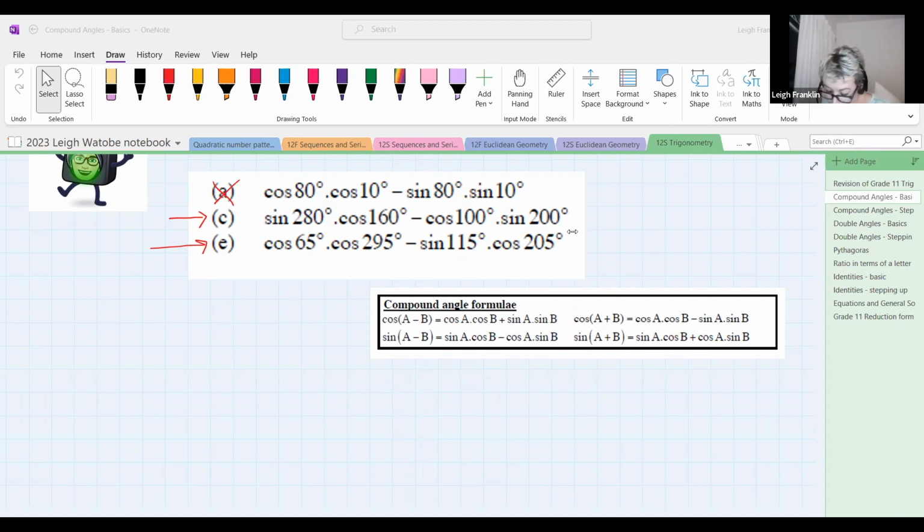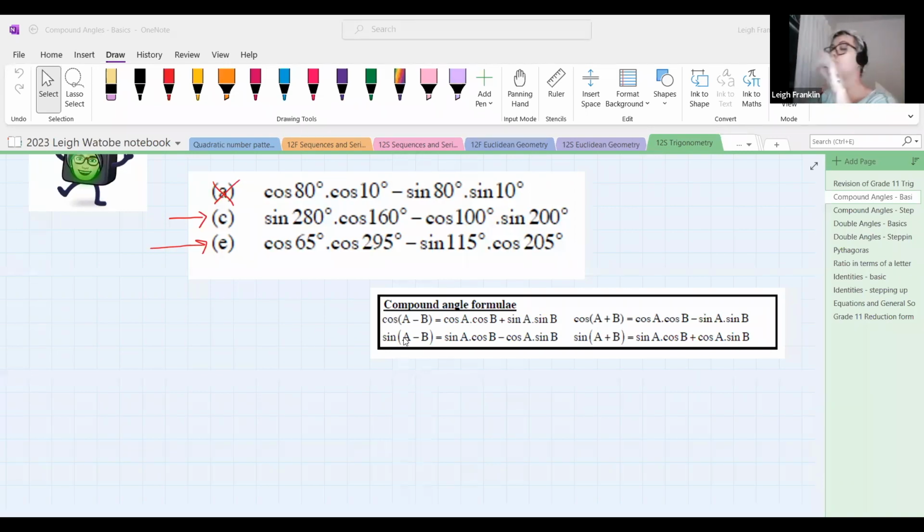Sorry, ma'am. Could I please attempt C because I got a different answer? All right, go for it. I said sine 280 and change that to sine 180 plus 100.